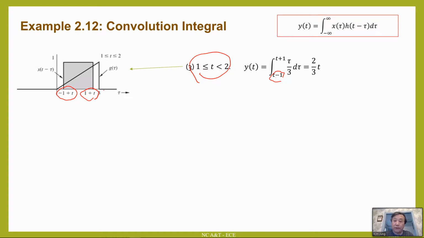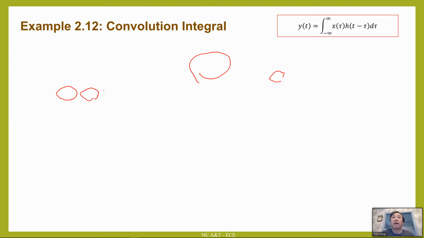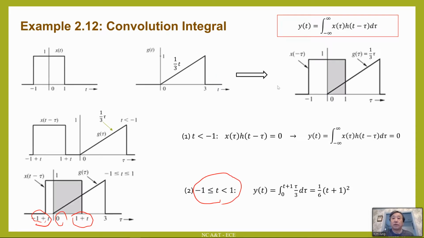Dr. Kim, I'm lost. If you go back one slide, can you do that? On the left side, you have three pictures. The one in the middle shows the -1 plus t, 1 plus t box.